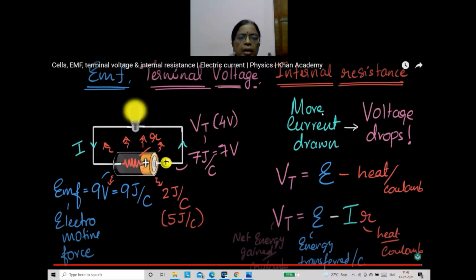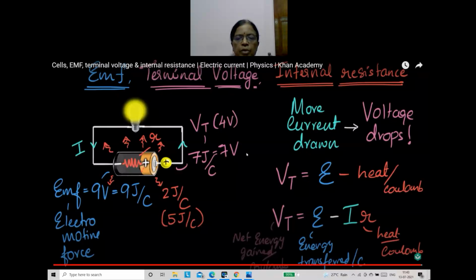Oh, I into R, that's the question. So E minus I into R is what we are getting here. When the charge comes out, it will have that much voltage. That means the potential difference will be that much only. For example, 7 joule per coulomb, 7 volt.